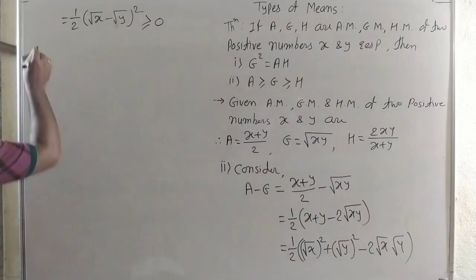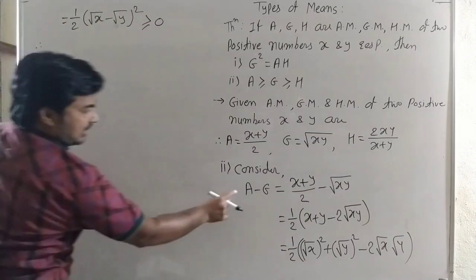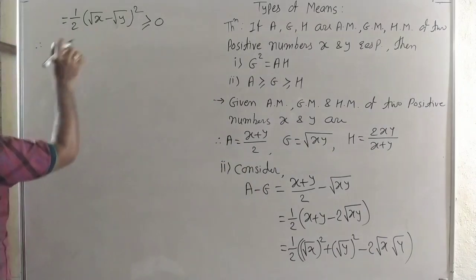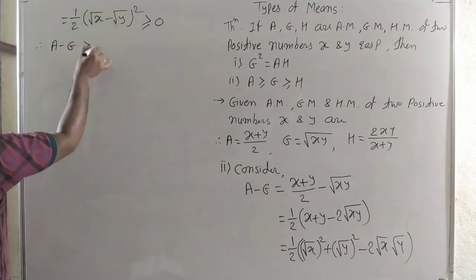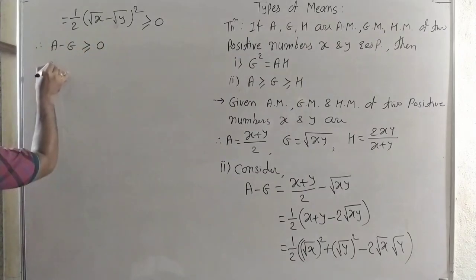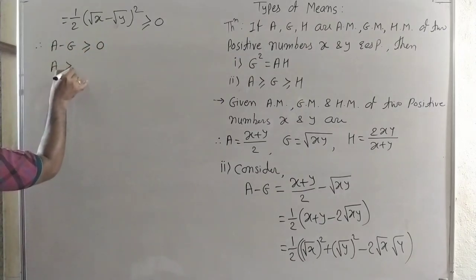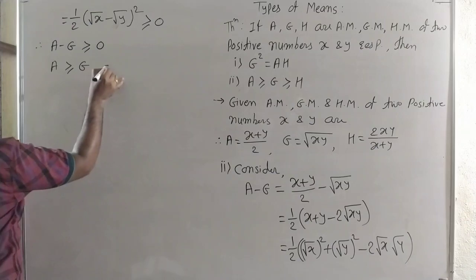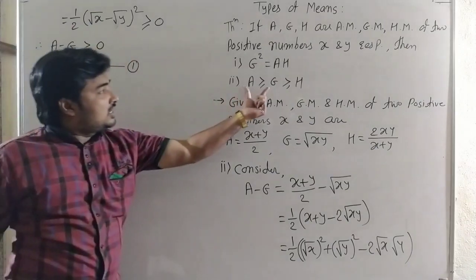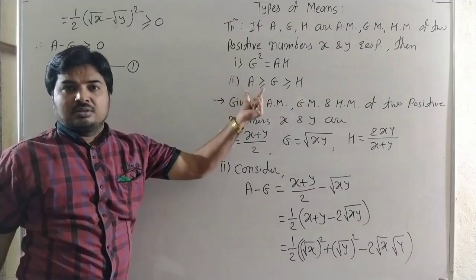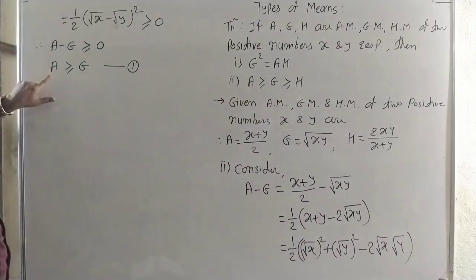Now therefore we can write a minus g greater or equal to 0, and then a is greater or equal to g. See carefully. It is equation number 1. Now this condition is verified, that is, a is greater or equal to g.